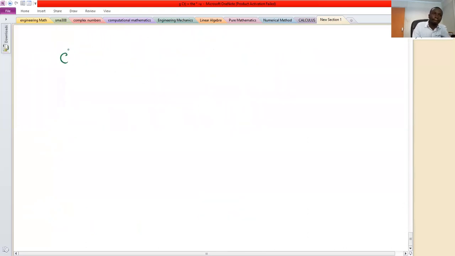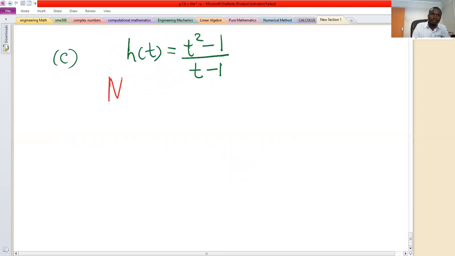c, we have h of t given by t squared minus 1 divided by t minus 1. Method 1 would be by quotient rule.